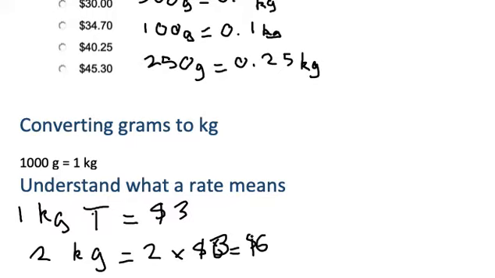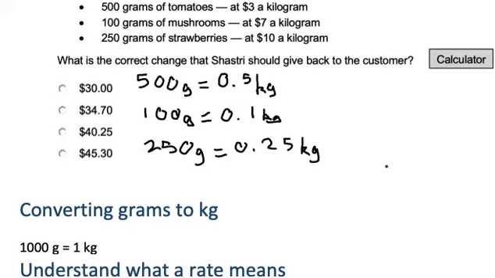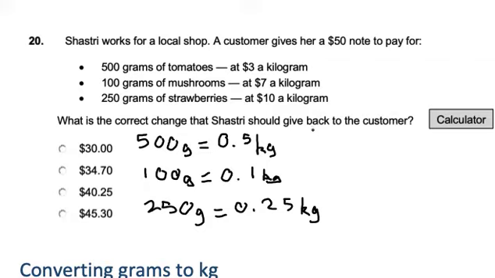So let's repeat the same steps up top. For my tomatoes, $3 a kilogram, so I'm going to say 0.5 times 3. If you run that in your calculator, you should get $1.50. Repeat the same step down here, but remember that this is for mushrooms, so we need to look at the rate for mushrooms.